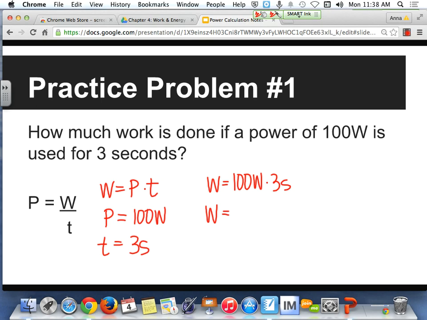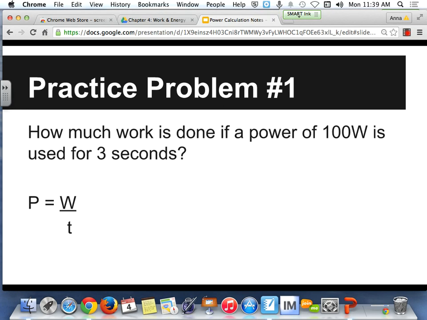And so we need to memorize that work is in joules. So here we've got 300 joules as our answer. Remember, you guys, those units tell us what our measurement is, so what we're measuring. So units are extremely important.